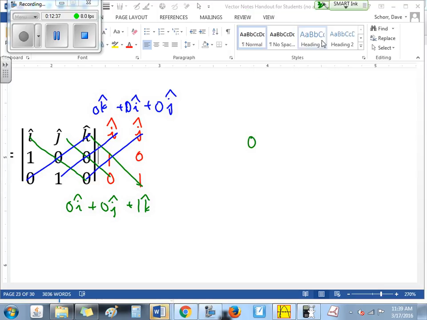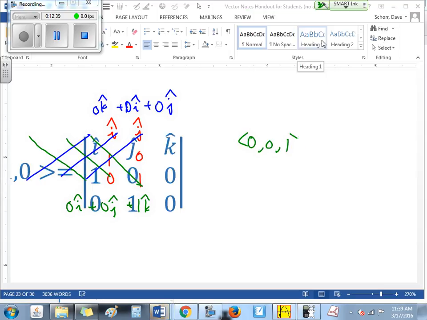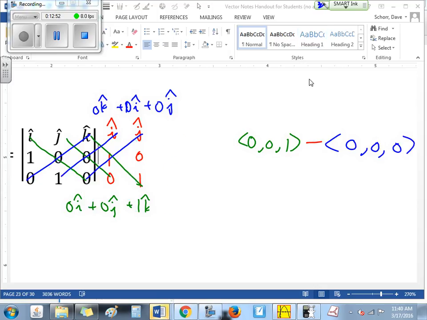So basically we're taking 0, 0, 1, and we're subtracting off 0, 0, 0. I'll color code it. Okay? So what is my answer? 0, 0, 1. Also known as K hat.